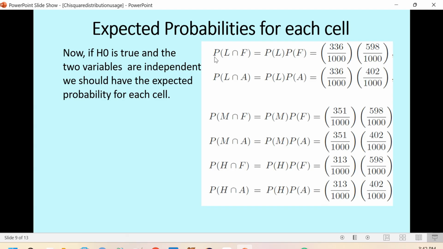So here is low income and favor, this is low income and against, and the medium income person also favors the reform. This multiplication is based on the two variables being independent. So we can get 6 expected values.